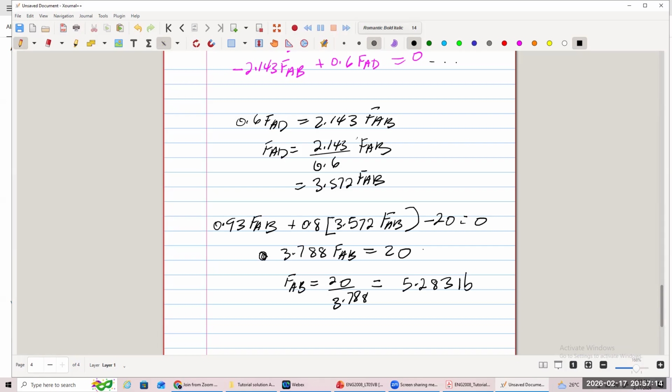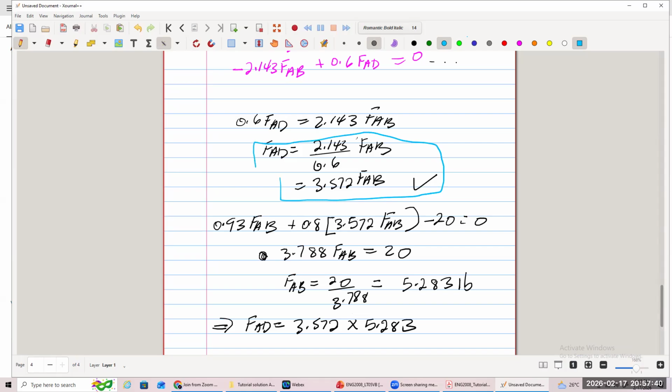And then based on that, FAD is going to be equal to 3.572, because remember, you have it up here, and you have FAB beside it. You multiply it by 5.283, because you're coming from this statement up here. FAD is equal to 3.57 times AB.